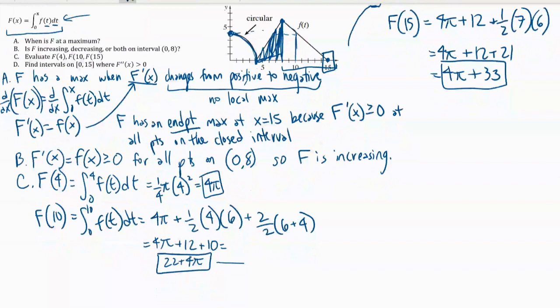Check yourself to see if there's something wrong with my answer of 4 pi plus 22. But I think it's fine. It's 1/2 base of 4, height of 6, and then, oh, is this not exactly 4? This is not exactly 4. Okay, so I did have an issue here. I'm not even going to edit this video. I'm just going to go back and fix my issue now.